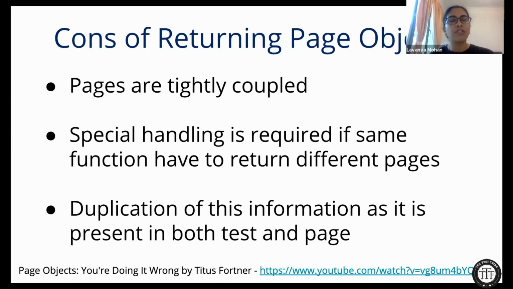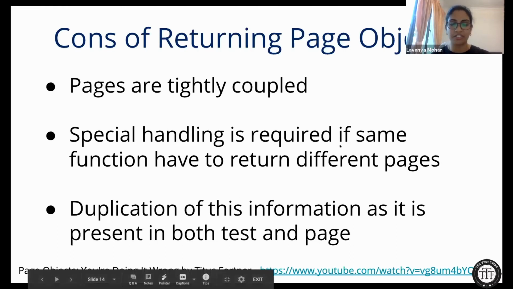Let's take an example of a login method maybe. And let's say that our app, the app under test, returns either the dashboard page or a regular home page based on whether you've logged in as an admin user or a regular user, right? So if this is the scenario that you want to automate, then you probably will have to create two different login methods in your test code, or maybe you will do some sort of inheritance and then typecasting, which leads to duplication.